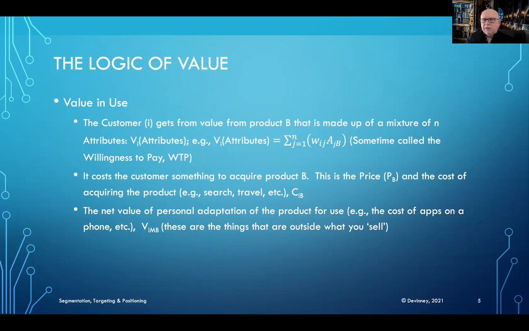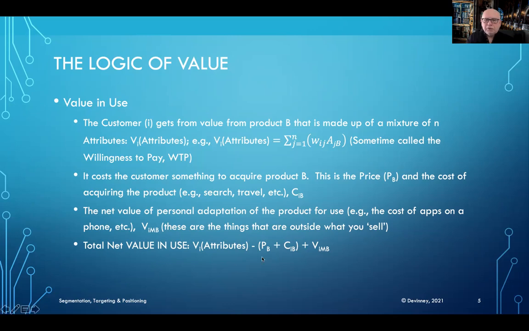So it's the benefit that I get from doing the adaptation less the cost, right? Because these are outside what the firm's selling, but you can do exactly the same exercise here for this adaptation if you wanted to. And then the net value in use becomes the value of the attributes of the product you sell minus the price and the cost of acquiring the product, and then the value that they get from the adaptation. And this is the value in use of the consumer.